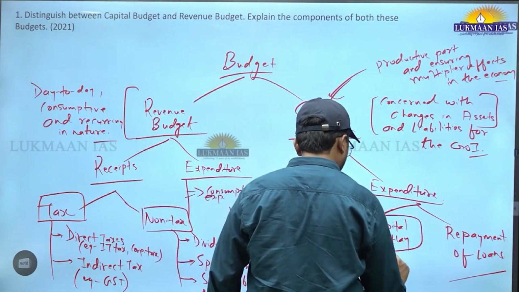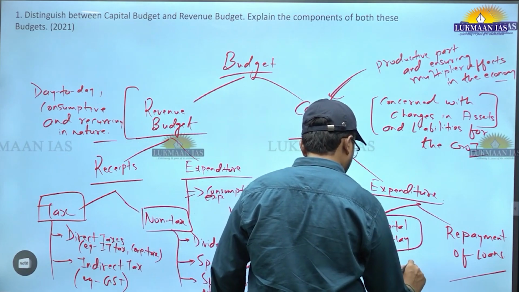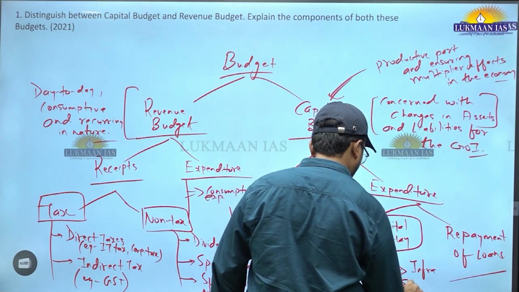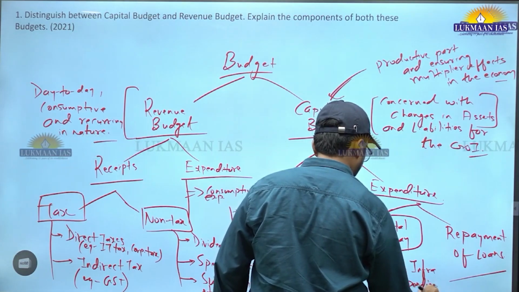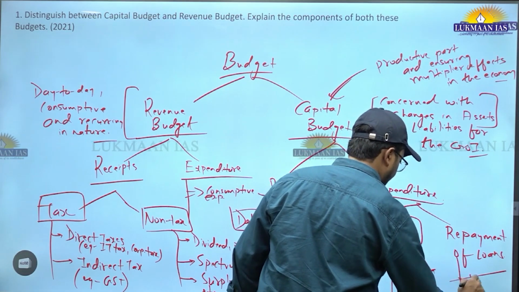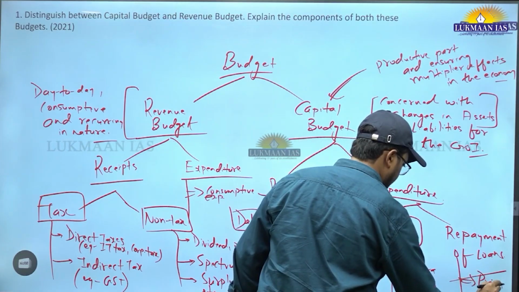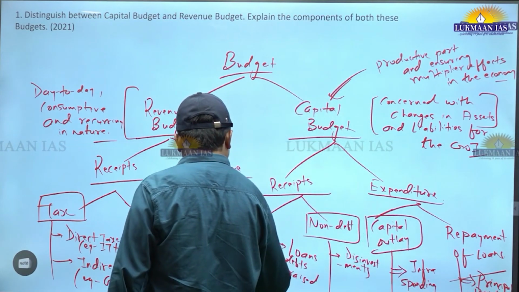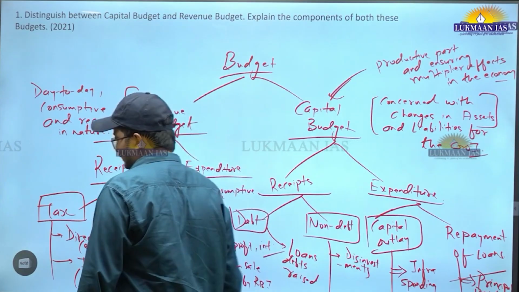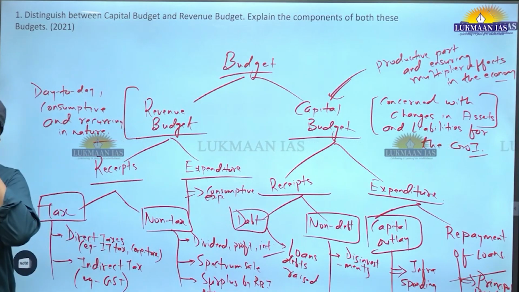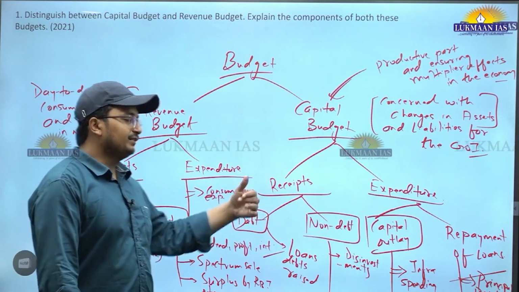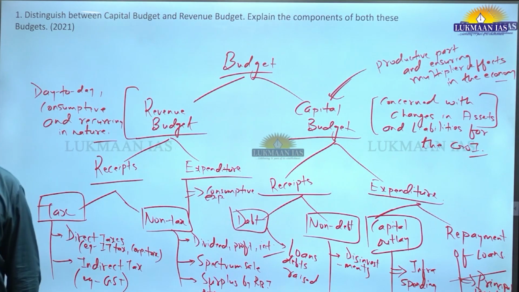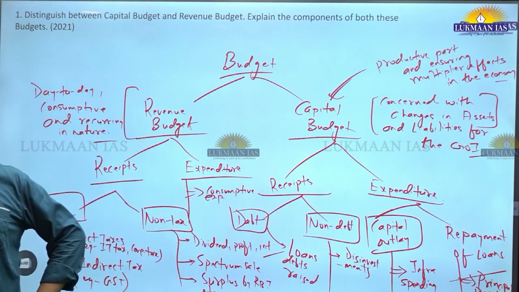Capital outlay means infra spending, and repayment of loan means the principal part. As for the interest part, dividend, profit and interest: if interest is received on loans, that is revenue receipt, but if the principal payment is received or paid, it is related to the capital budget. So this is the whole idea behind the budget.